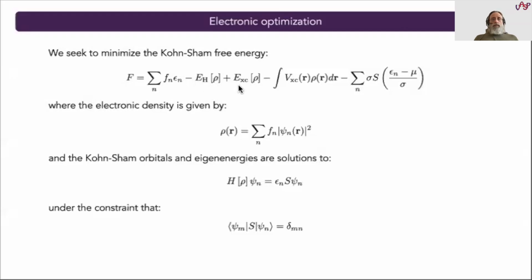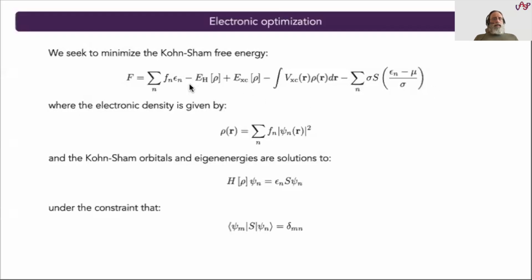Hartree energy, depending on density, exchange correlation energy is added, and the action of the exchange correlation potential on the density is subtracted. And there's a third term, and that's related to partial occupancies to deal with metallic states, and this is the electronic entropy.